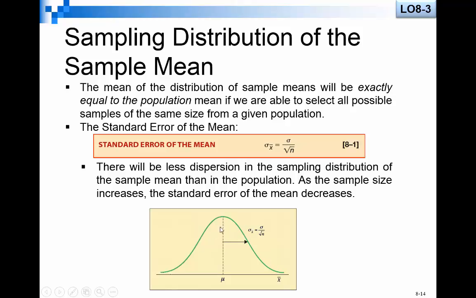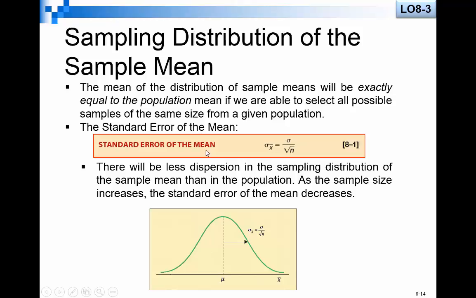This distribution that we're seeing down here in the bottom is not the distribution of the population. This is the distribution of the sample means. So the variability, the amount of dispersion, the amount of variance in the means from this distribution of sample means is called the standard error of the mean.